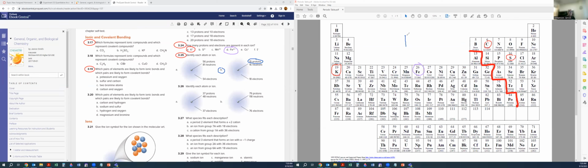P with 15 protons. Phosphorus. 16 neutrons. And 18 electrons.